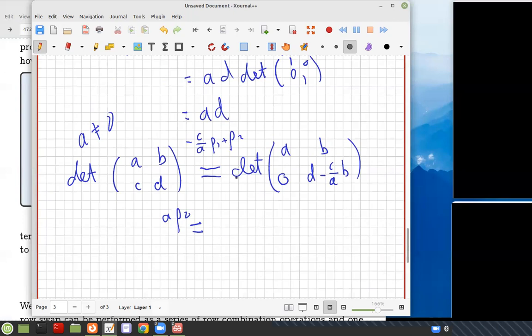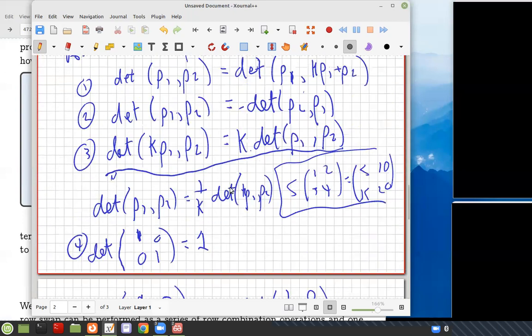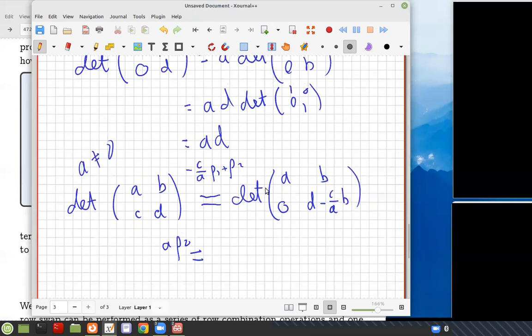If we do the row operation A times row 2, that's going to multiply this by A, right?